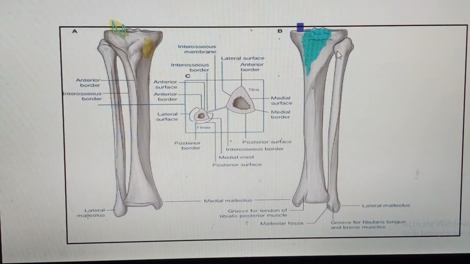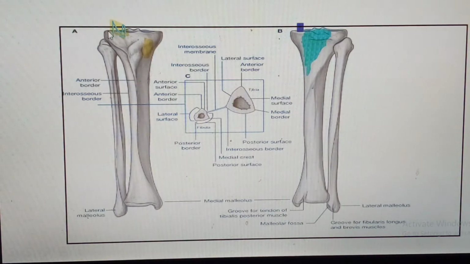But at the posterior aspect of the bone, we find a line, and that line is what we call the soleal line. Soleal line. Now, let me give you some more information regarding this. What you see over here, this highlighted area, will be what we call the Gerdy's tubercle. Gerdy's tubercle is very important.